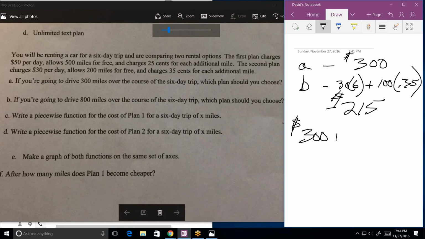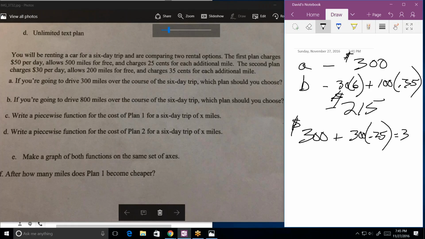$300 plus what under plan A? The total is $405, but it's 0.35 times 300. It's actually only 0.25 for each additional mile under plan A. See that? Yeah. In other words, if we're going to drive 800 miles, we're going to have $300 plus 300 miles times 0.25, which is $75.